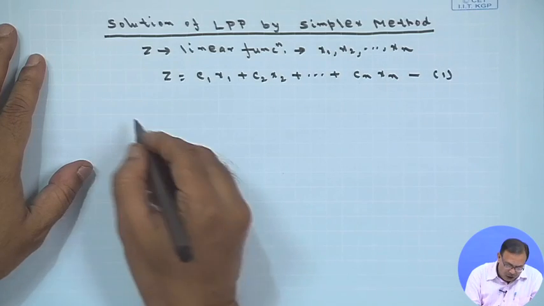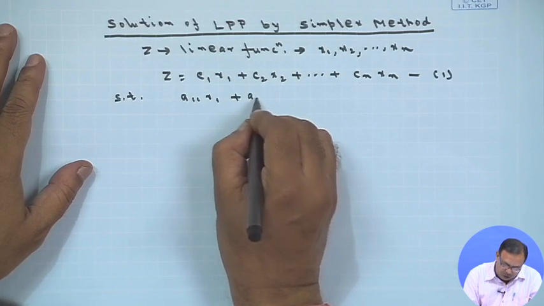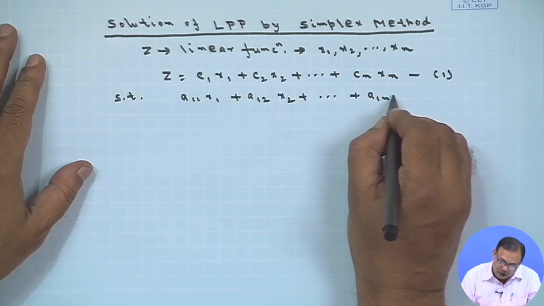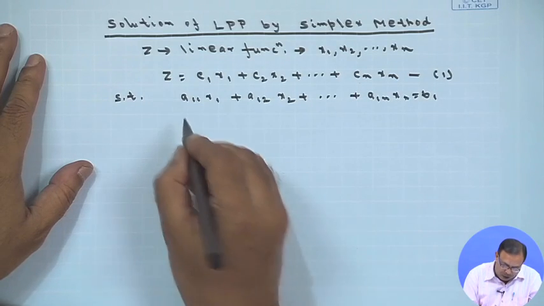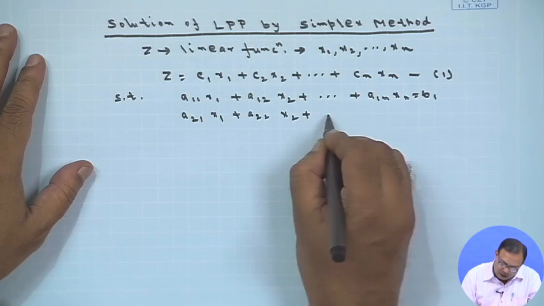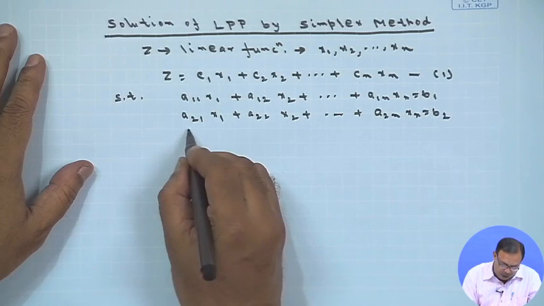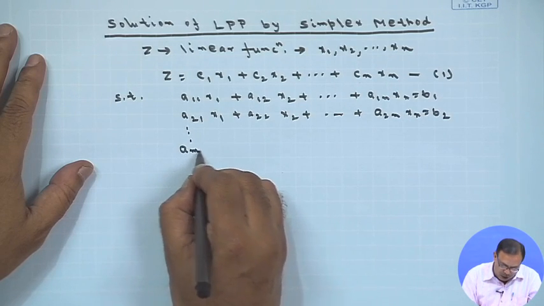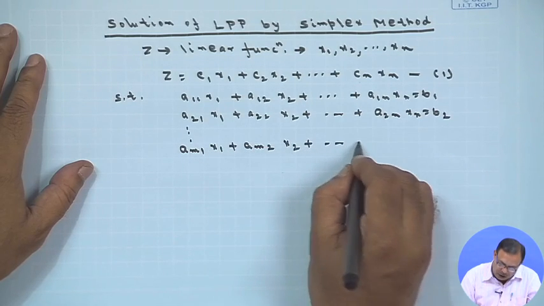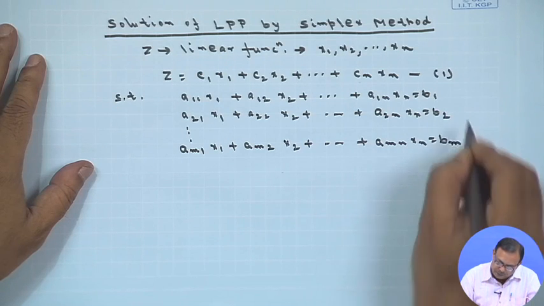Say this is 1, subject to, I am just again repeating what I have written earlier: a11 x1 plus a12 x2 plus a1n xn equals b1, a21 x1 plus a22 x2 plus a2n xn equals b2, and like this, am1 x1 plus am2 x2 plus amn xn equals bm.